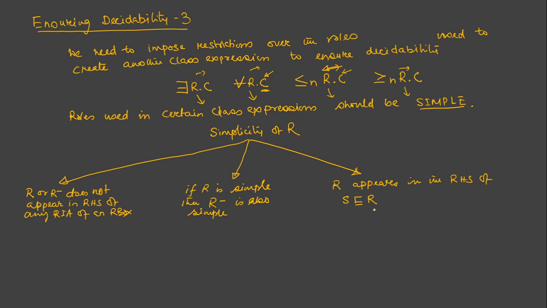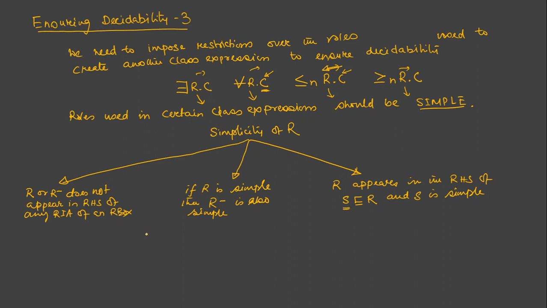So you see that R is appearing in the right hand side, and then R will be simple if S is simple. So if R appears in the right hand side of our role inclusion axiom, then also R can be simple provided S is also simple, right?